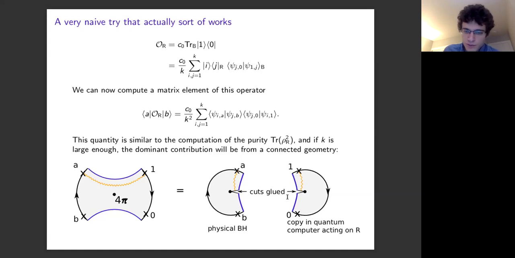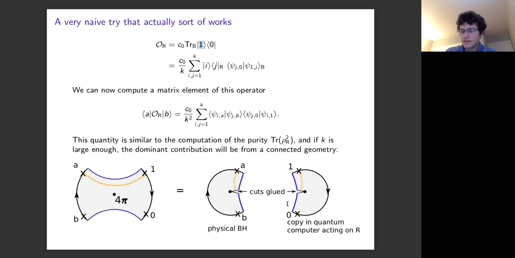And the full geometry that we've described here, this replica wormhole, the particle that we're considering, the particle associated to state 1, is this yellow wiggly line. And it propagates from the place it's created over here on this boundary at 1, it propagates through the wormhole. So it propagates from the unphysical copy in the Hawking radiation into the physical copy of the black hole.